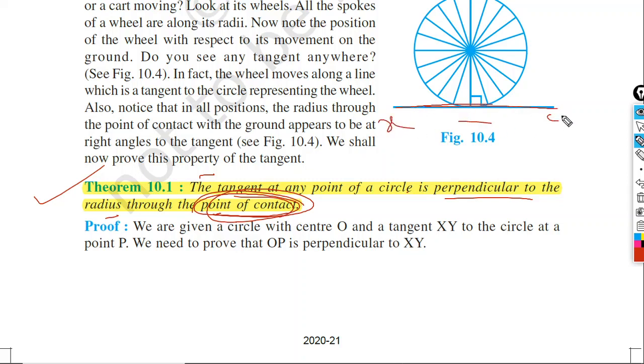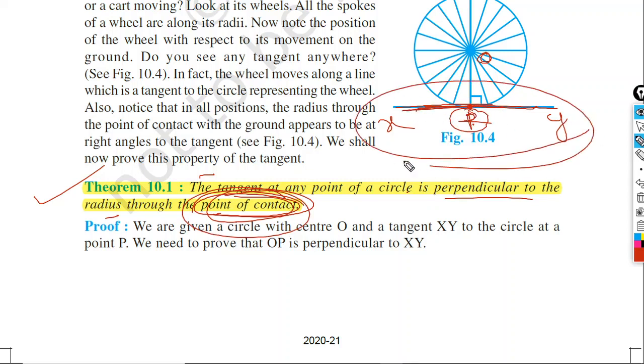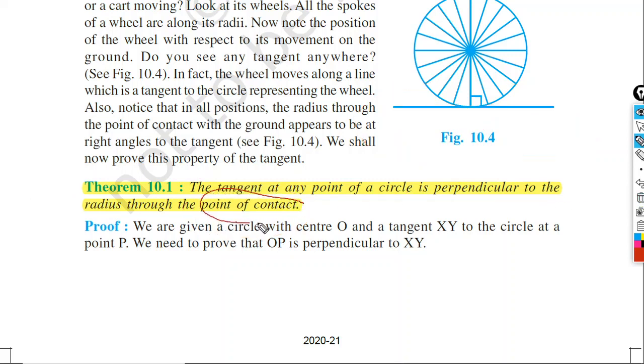Suppose XY is the tangent, touching the circle at a point, suppose P, and the center is O. XY is the tangent at point P, so P is the point of contact for this tangent XY. Please remember this concept. I think there is a question regarding the point of contact in the exercise. The point of contact is the point at which the circle touches the tangent.